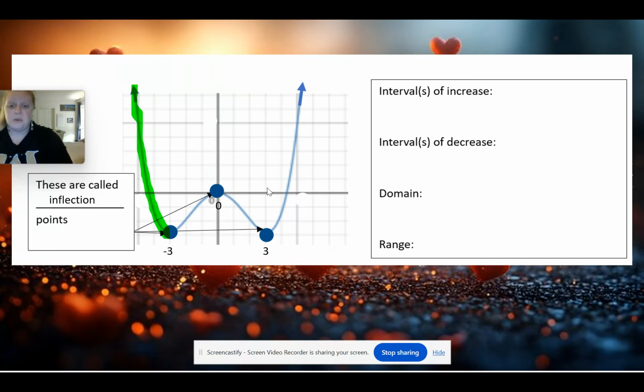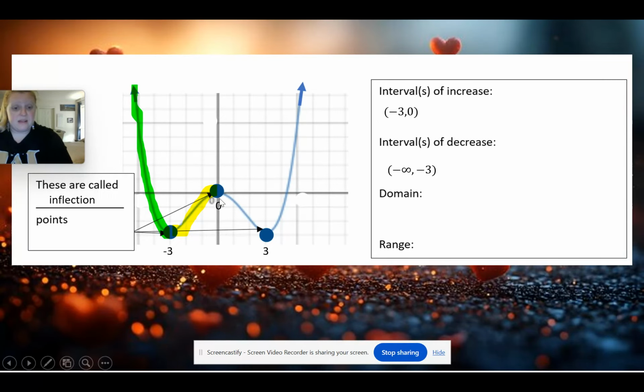So our story is going to start by going downhill. So we are starting with an interval of decrease. And that happens between the left and that negative 3. Then the bee changes his mind and increases his height between negative 3 and 0. So that's going to be my interval of increase.